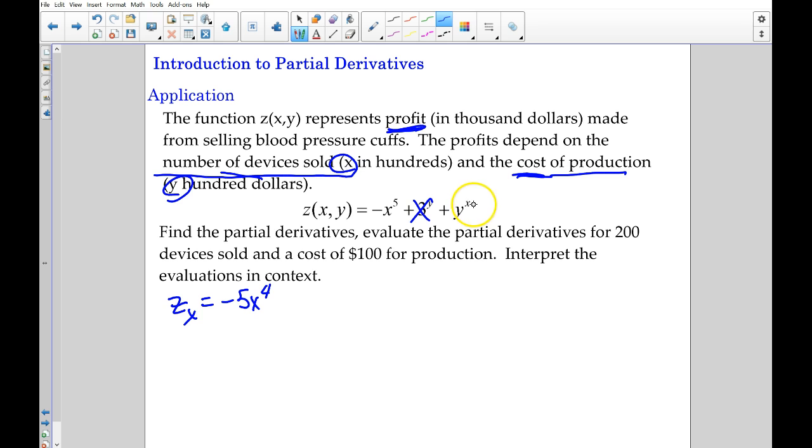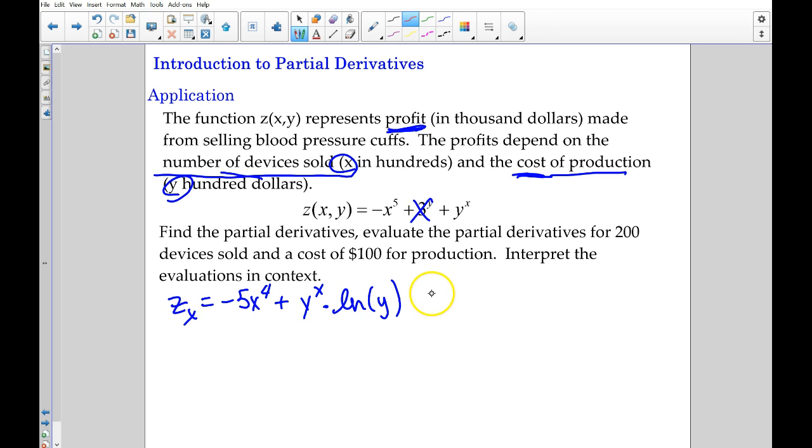Then x is in the exponent, so this is an exponential function, and the derivative of that is y to the x times natural log of y.